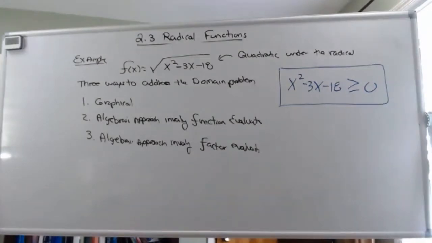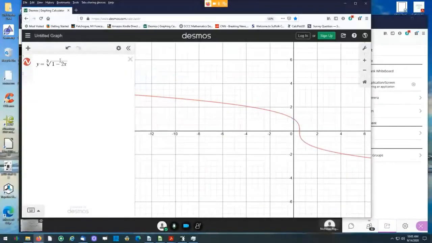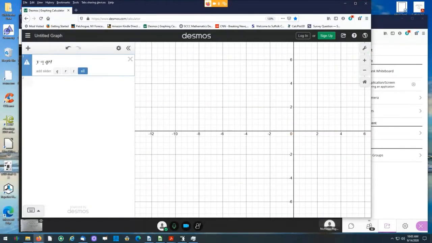1 is simple. We'll go back to our Desmos again. Let me get rid of that and put in the square root, SQRT of x squared minus 3x minus 18.